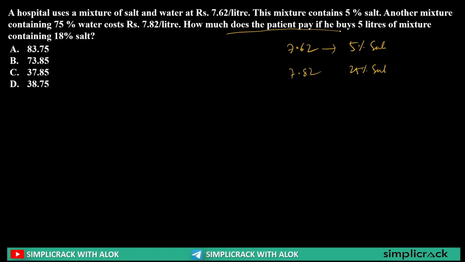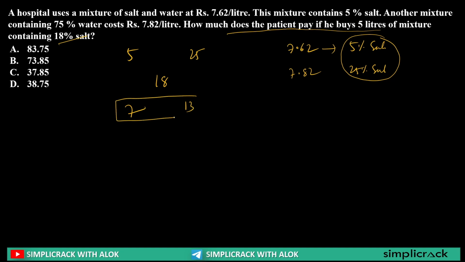How much does the patient pay if he buys 5 liters of the mixture containing 18% salt? So the 18% salt will come from mixing these two mixtures. So the ratio will be 7:13, so both mixtures will be added in the ratio of 7:13.